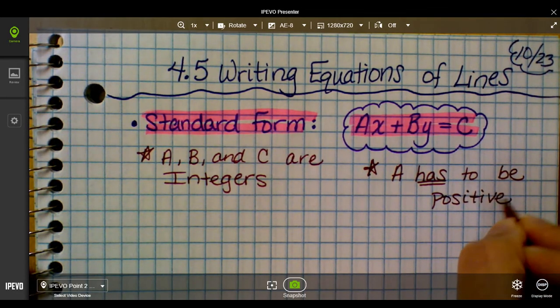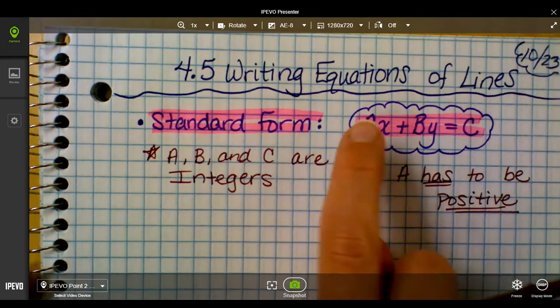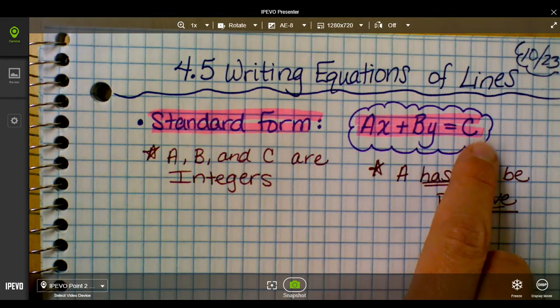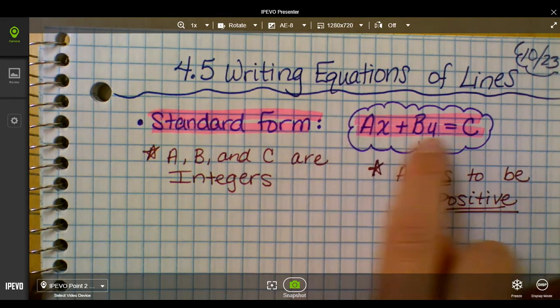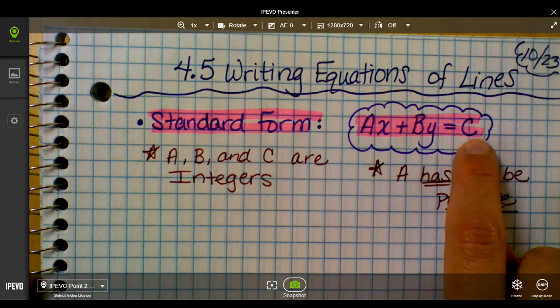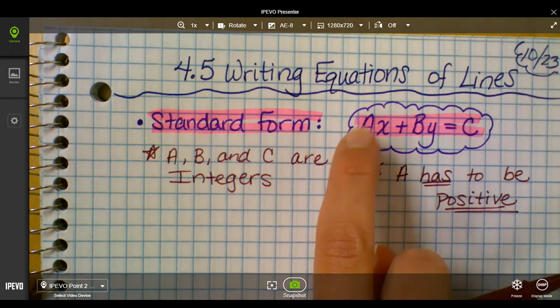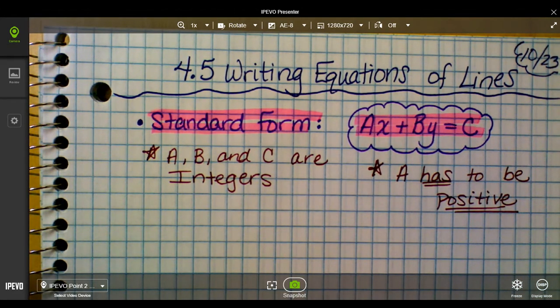So that is what true standard form is. When you just have integers for A, B, and C, that's in standard form, but A has to be a positive number. You always have to make sure A is leading with a positive number.